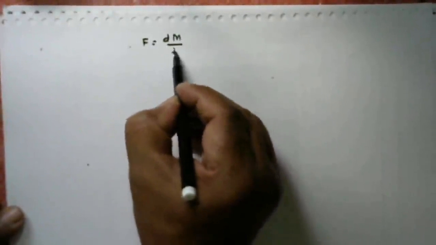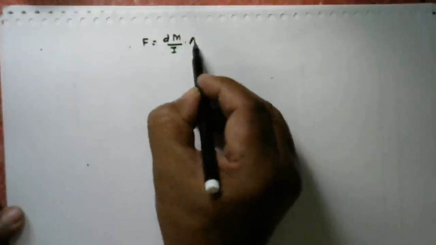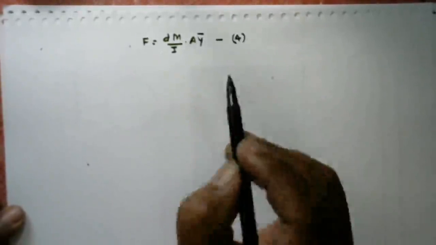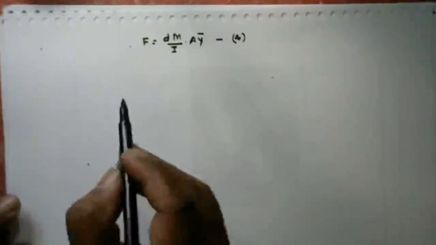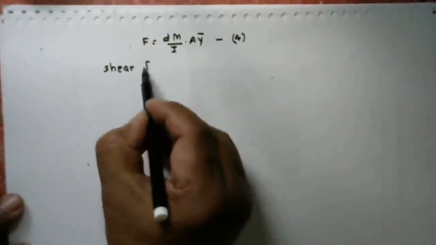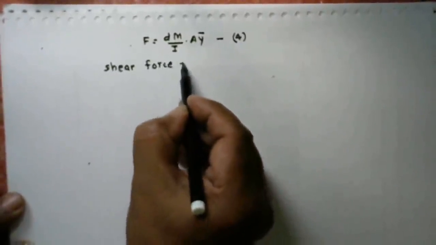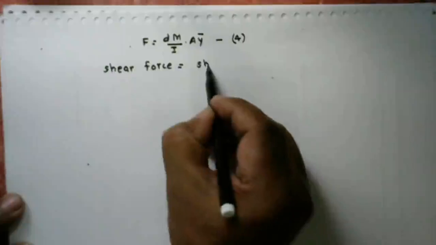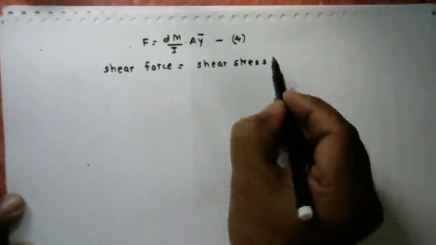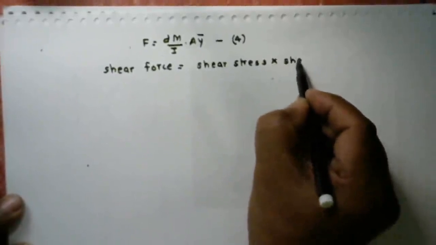So F is equal to dM upon I into A y bar, as we have seen in equation number 4. Now the general equation of shear force is shear stress into area, or shear area.